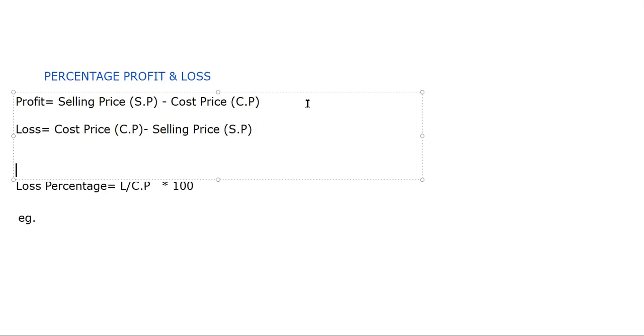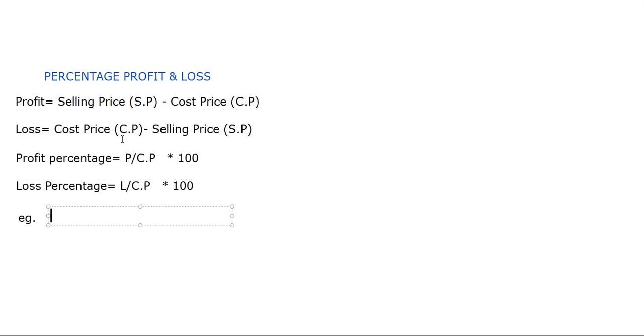Your loss percentage is loss over cost price times 100, and your profit percentage is profit over cost price multiplied by 100.